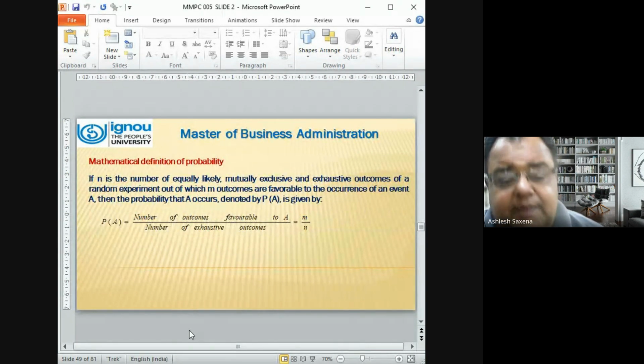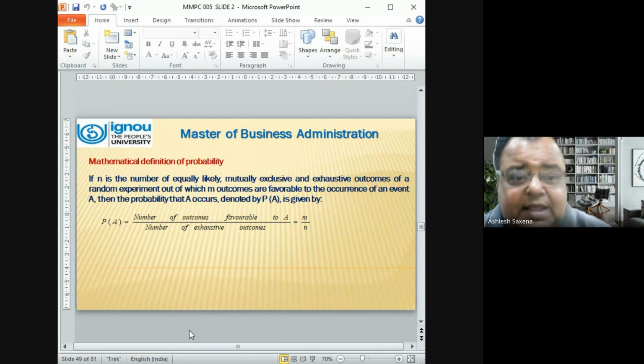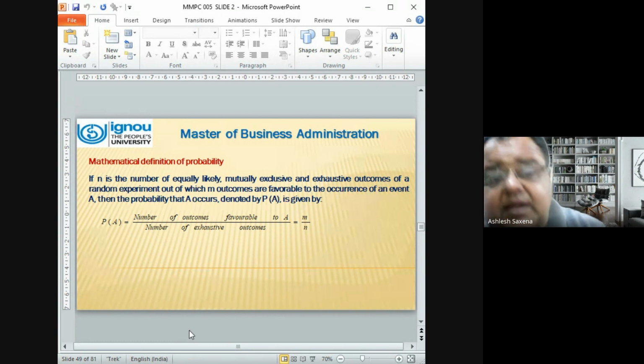Now comes the mathematical part. We have read so much theory, now let me show you the actual formula for writing it. If n is the number of equally likely, mutually exclusive, and exhaustive outcomes of a random experiment, of which m outcomes are favorable to the occurrence of the event A, the probability of event A is written as P(A) = number of outcomes favorable to A upon number of exhaustive outcomes.